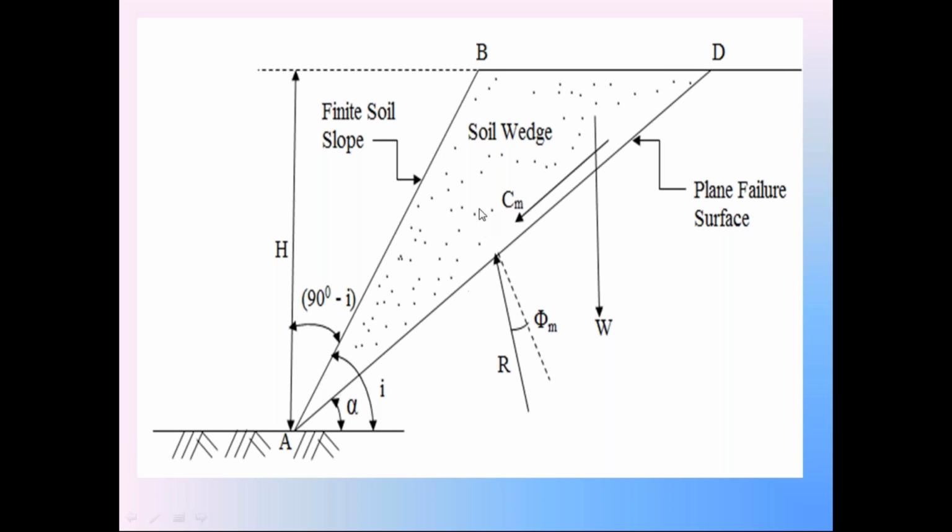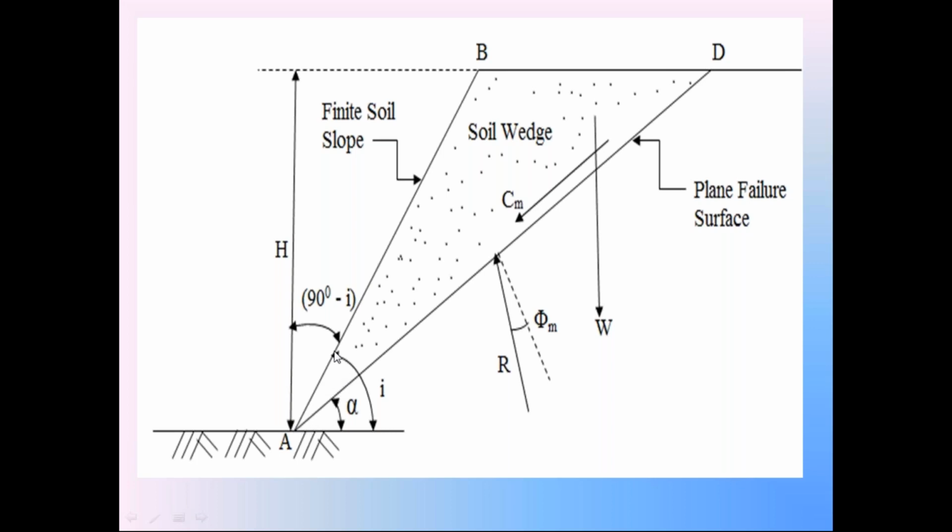Between the sides AB and AD, this angle is I minus alpha. So the area of this triangle ABD is equal to half into length of AB into length of AD into sine of (I minus alpha).